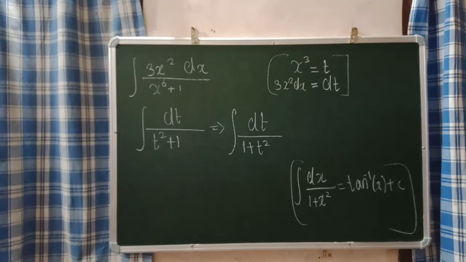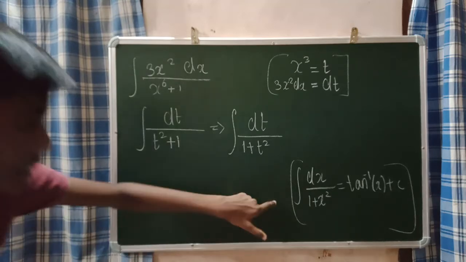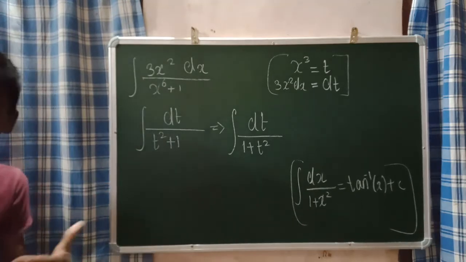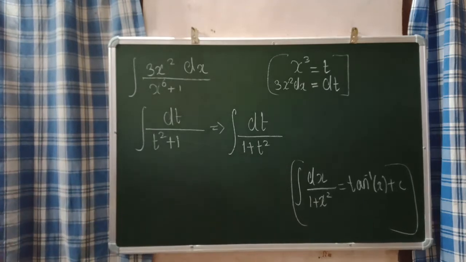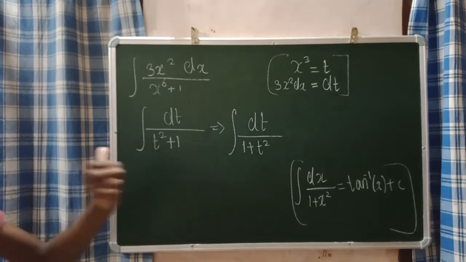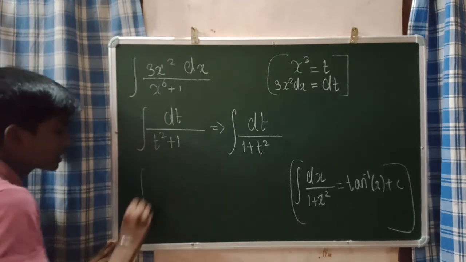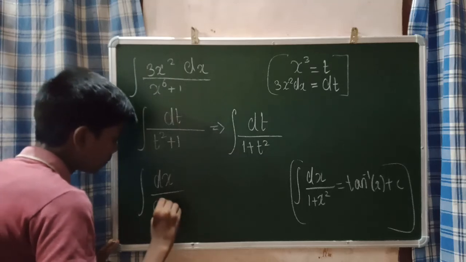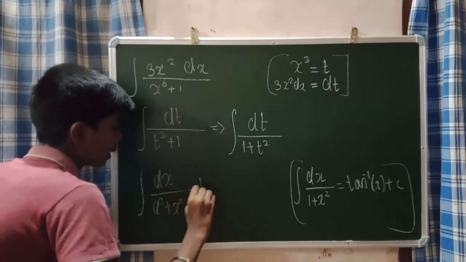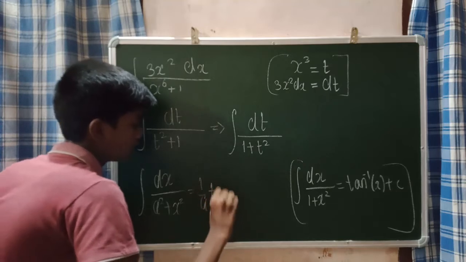So basically you are supposed to understand one thing guys. This standard integration is not a primary standard integral formula. This particular standard integration is derived from a primary standard integration formula, and that formula is integral of dx divided by a square plus x square is equal to 1 by a tan inverse of x by a.